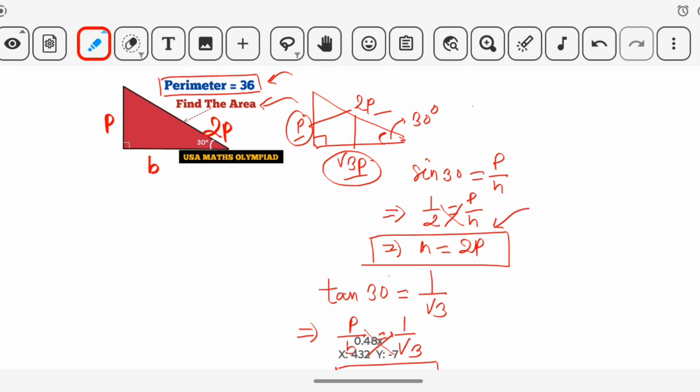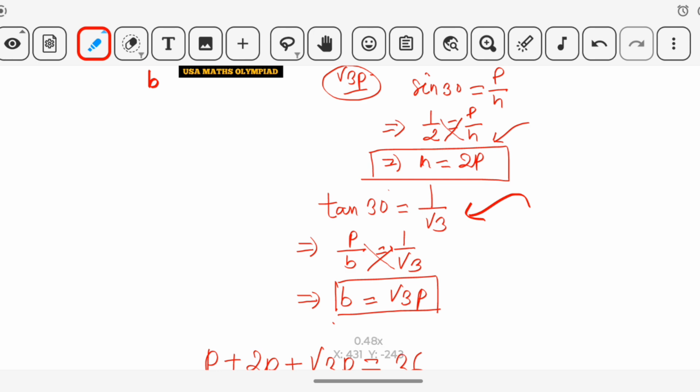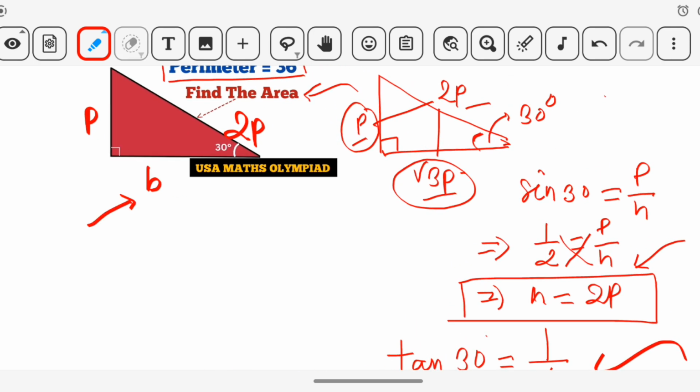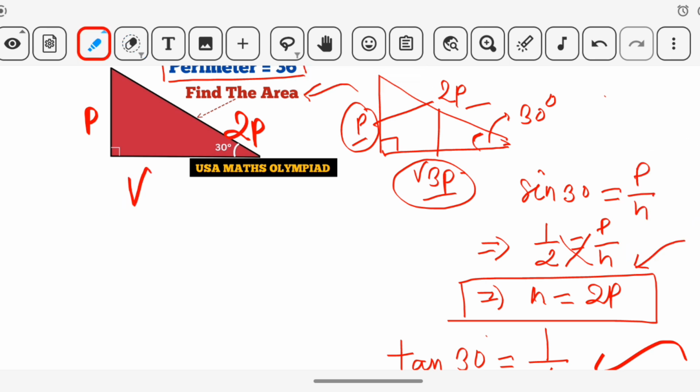Then we used the formula tan 30 and found the relation: the base equals root 3p. So we erased it and wrote root 3p.